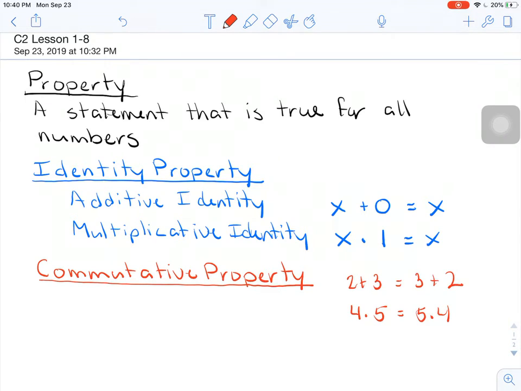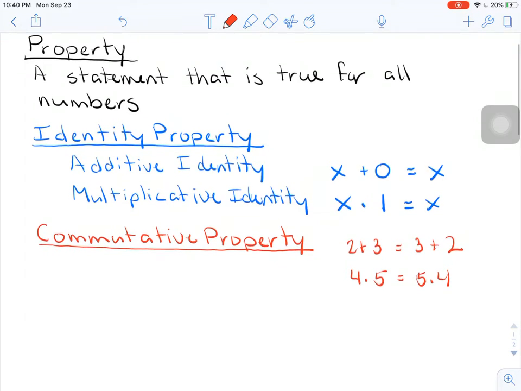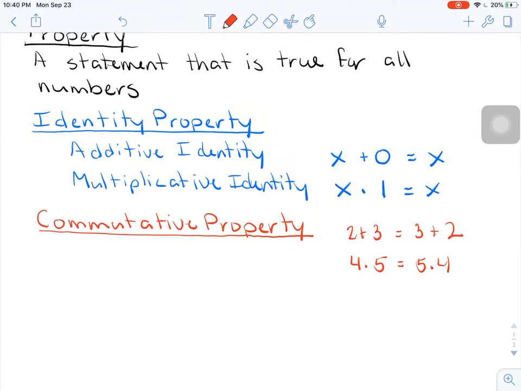So whenever you switch two numbers around that you're adding or multiplying with the knowledge that the answer is not going to change, you're using the commutative property. So again, the commutative property says that two numbers can be added or multiplied in any order without changing the answer.